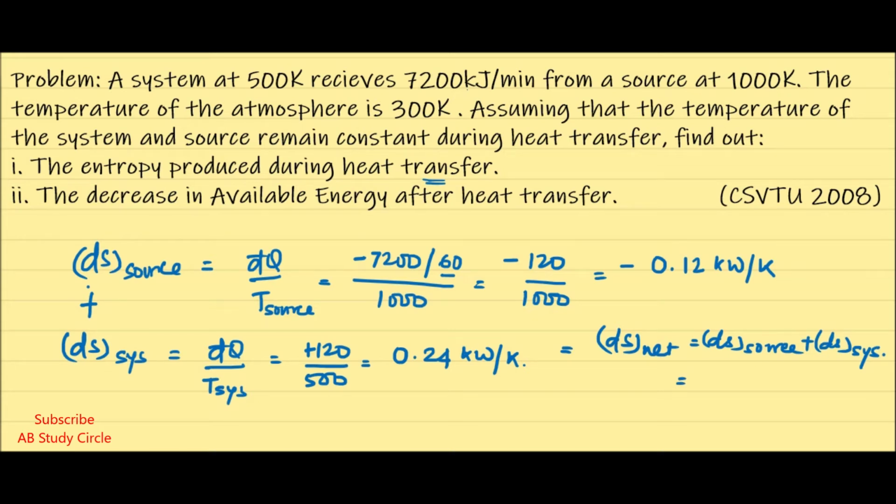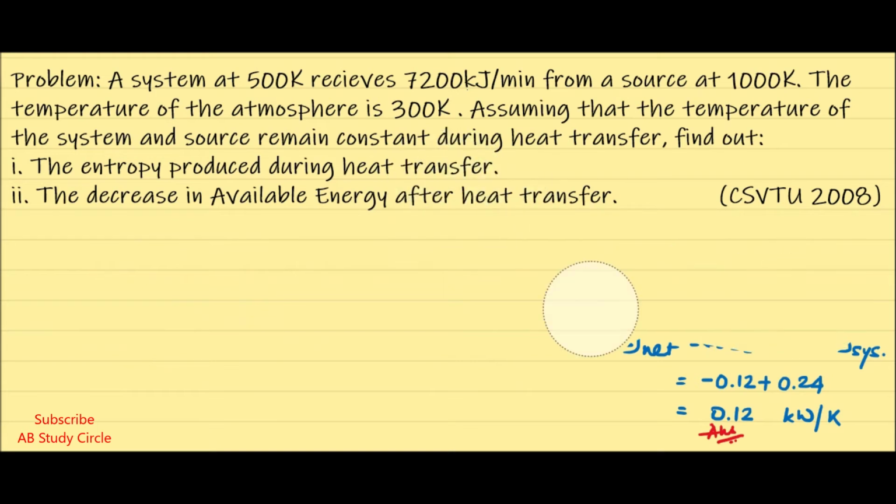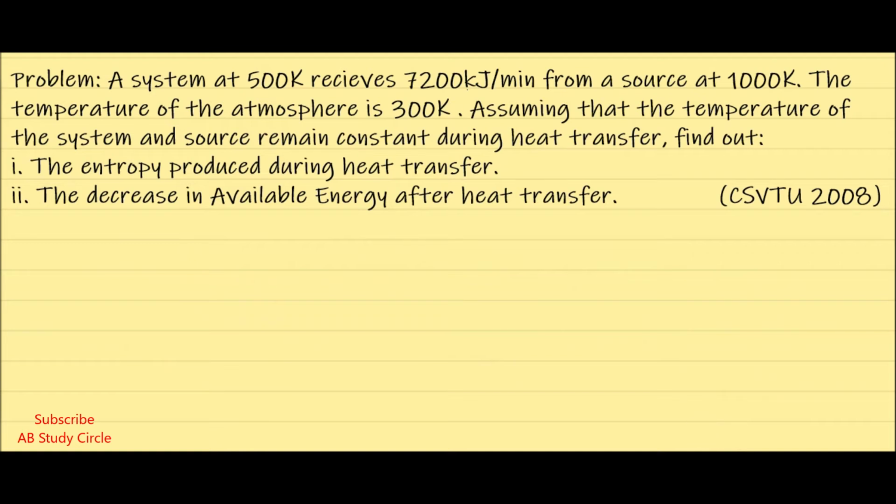It will be minus 0.12 plus 0.24, that is 0.12 kilowatt per Kelvin, and this is the answer for the first part of the question. Let's remove this whole thing, as we have got the first part done, and go to the second part of the question.